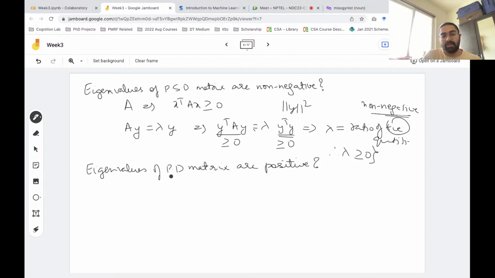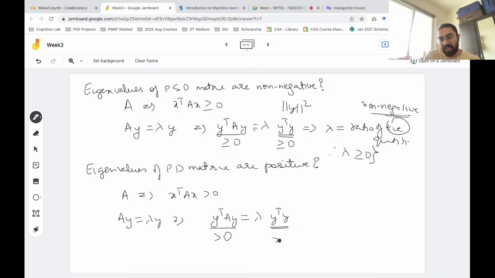Now, are the eigenvalues of a PD matrix positive or not? Same I can do here. x transpose AX is greater than 0 compulsorily. So if I do this, I get again y transpose AY is lambda times y transpose y. Now this is strictly greater than 0.